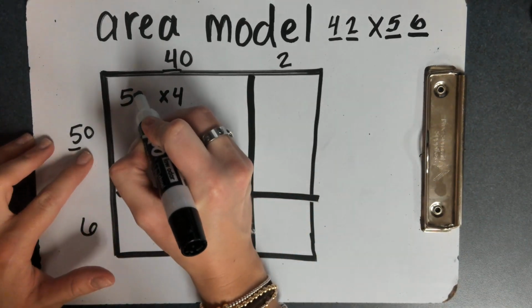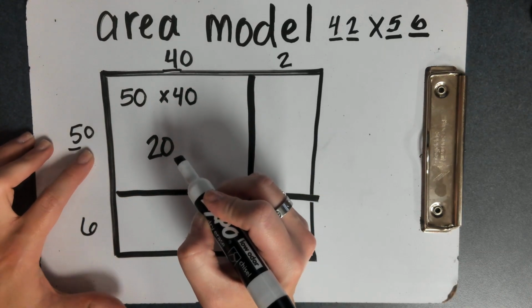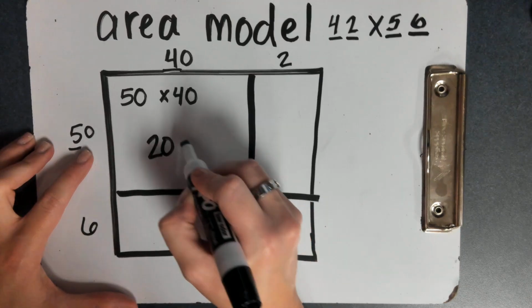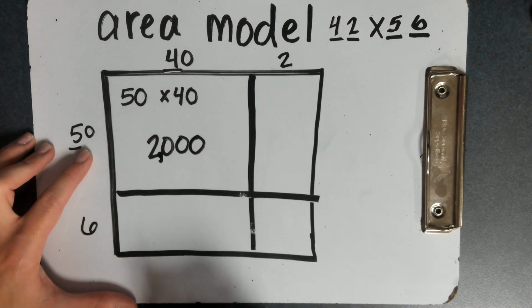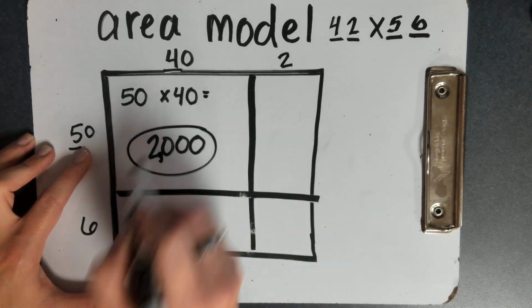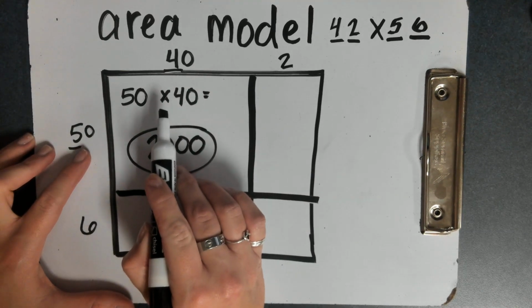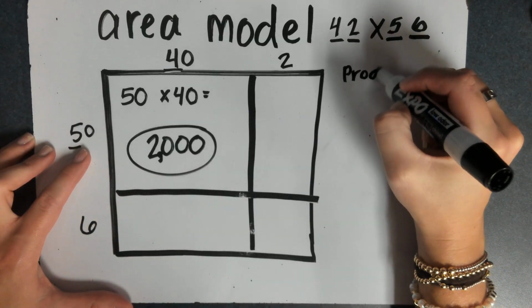But because this is actually 50 and this is actually 40, they also know that power of 10 is going to bump this number up 2 more place values, and 50 times 40 should be 2,000.